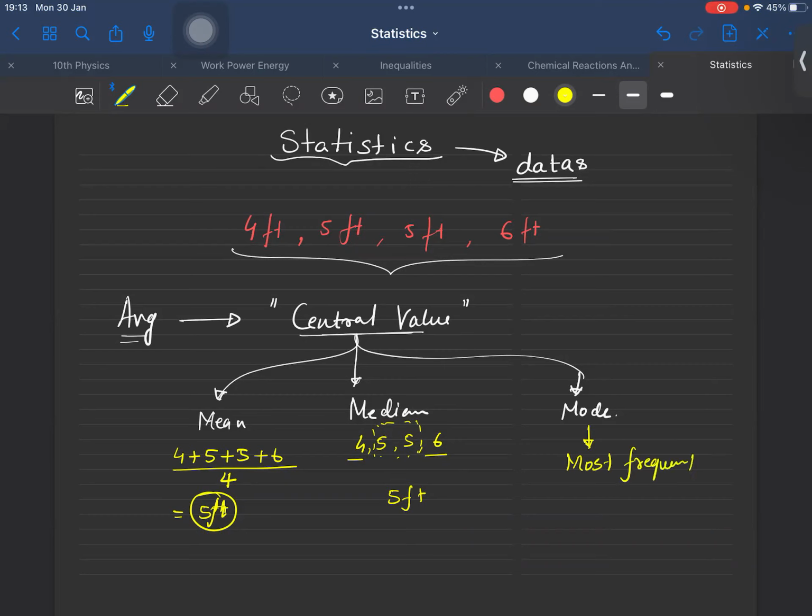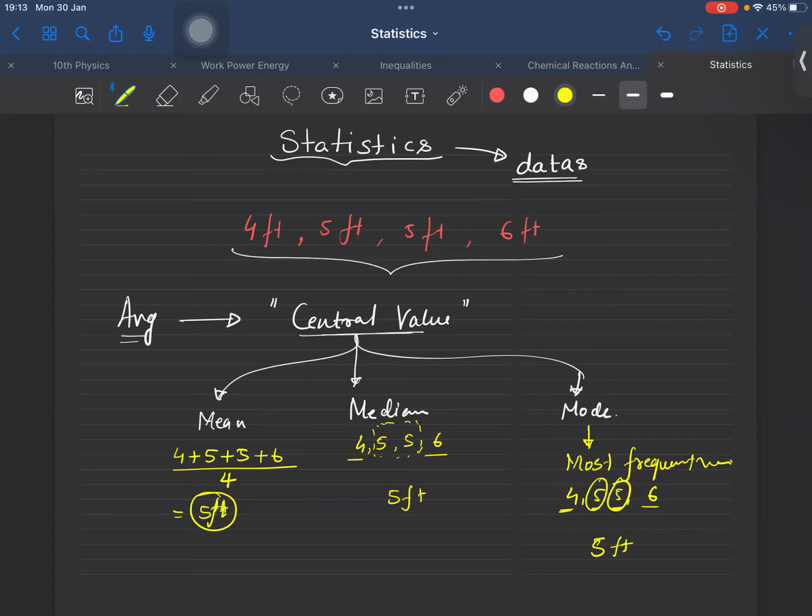Here we see 4, 5, 5, 6. 4 appears only one time, 5 appears twice, and 6 is also only one time. So the mode of this data is also 5. Mode is the most frequently appearing value, and median is literally the value in the middle.